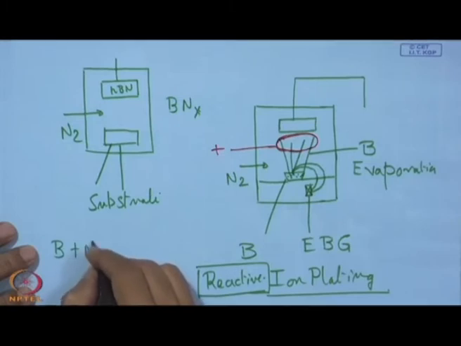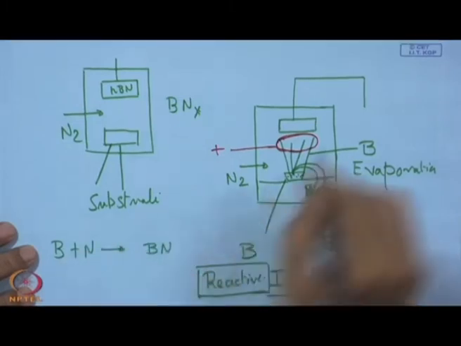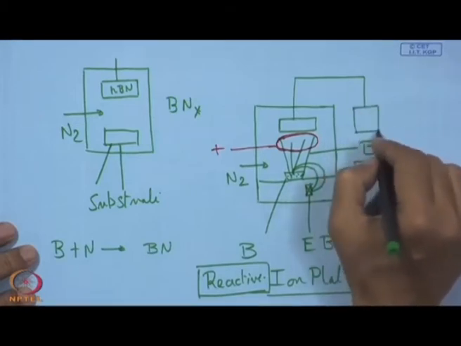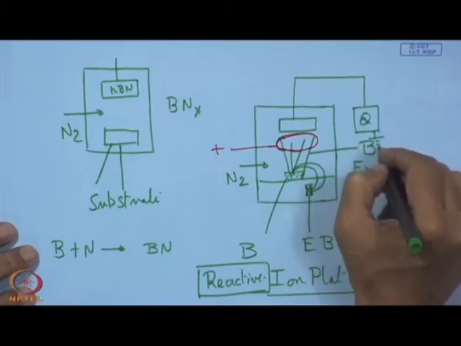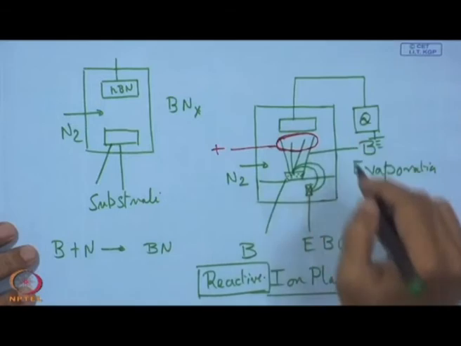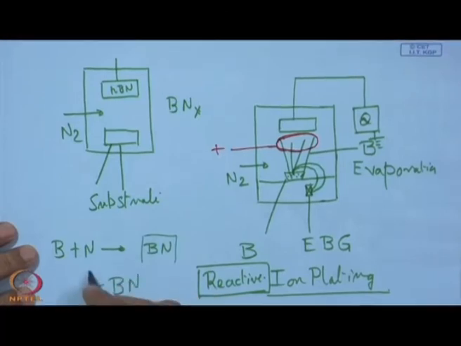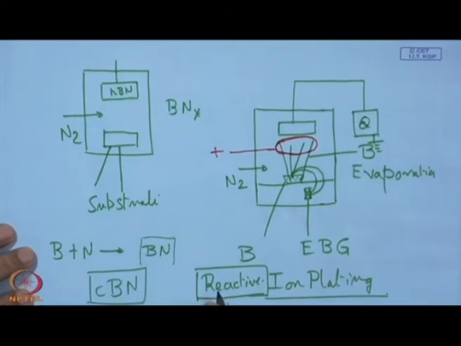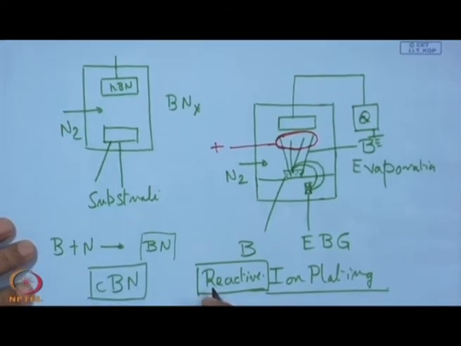The whole result would be that we expect the boron vapor to go in this direction, and we have nitrogen. So, it is going to be boron nitride, and at the same time the substrate is also polarized, it is AC, and here we have grounded. With this ion impingement we expect boron nitride in cubic form. Here it was much more effective than the process we have just described.